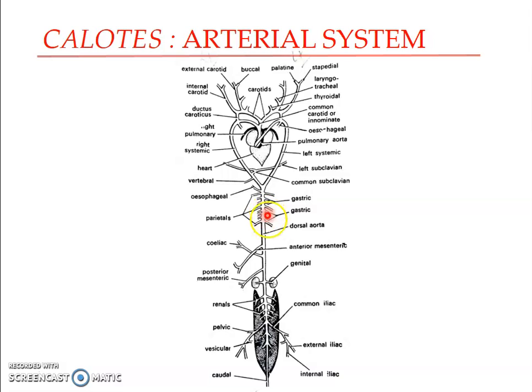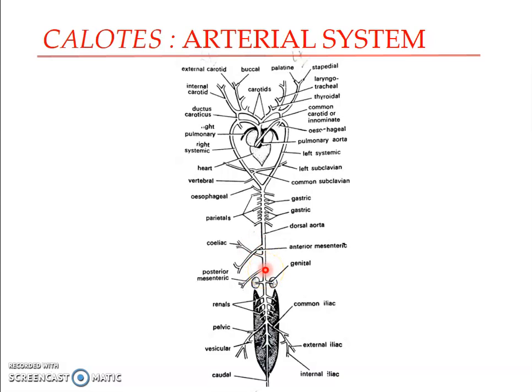Further posteriorward, the dorsal aorta gives off a single anterior mesenteric, a single celiac, and a single posterior mesenteric. And these three blood vessels supply various parts of the alimentary canal. The anterior mesenteric artery runs obliquely backward and supplies the intestine, while the celiac artery runs anteriorly and supplies the pyloric stomach.